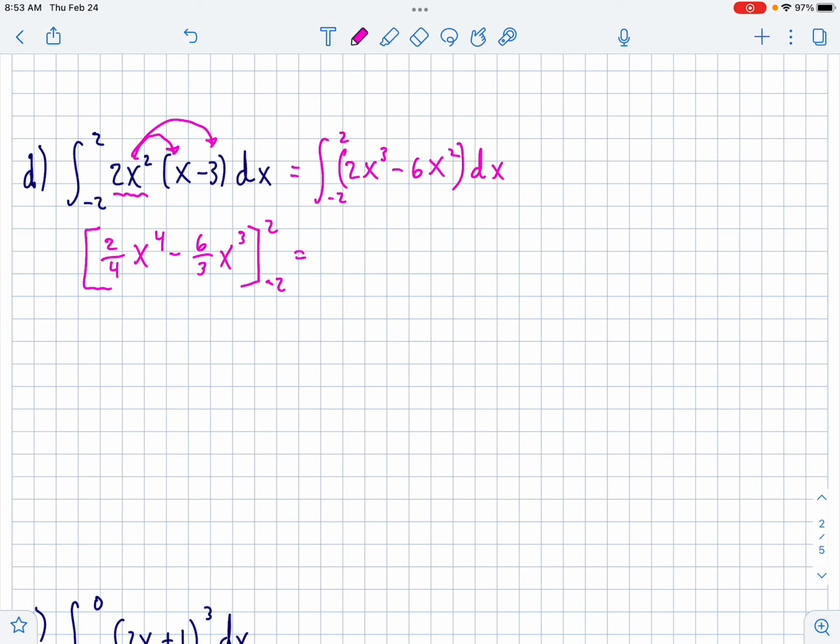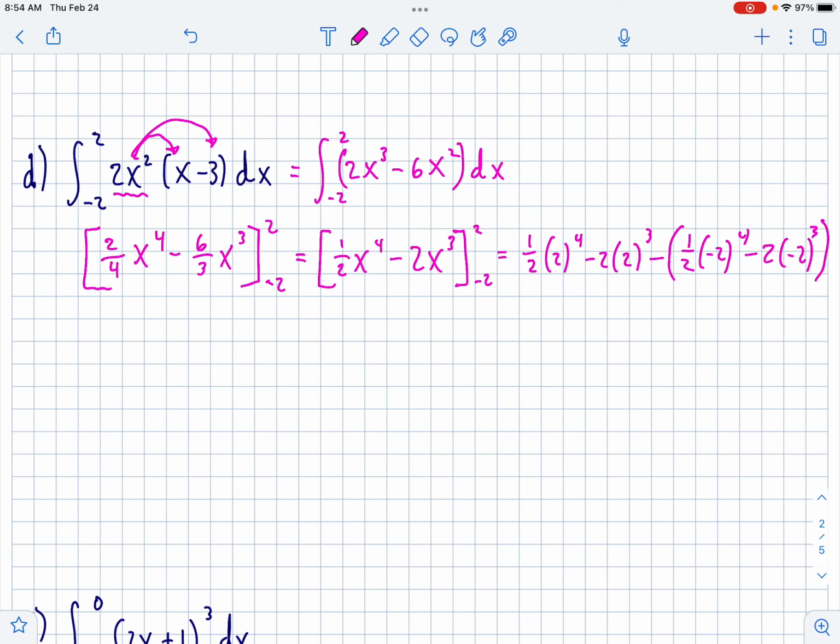First of all, we can clean that up. Now, when we plug it in from 2 to negative 2, you do 1/2 times 2 to the fourth minus 2 times 2 cubed, but then subtract out all of 1/2 times negative 2 to the fourth minus 2 times negative 2 cubed, and then close your parentheses. So it's with 2 plugged into it, and then subtract negative 2 plugged into it.